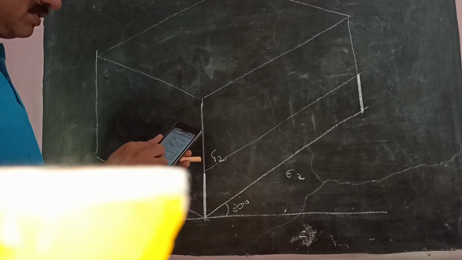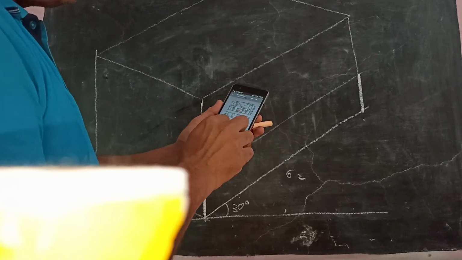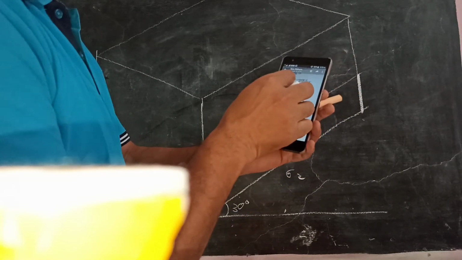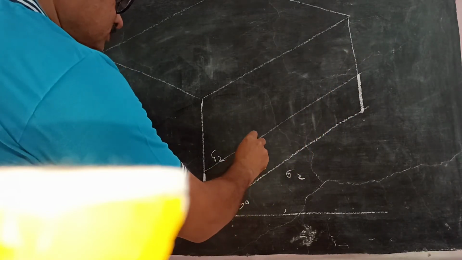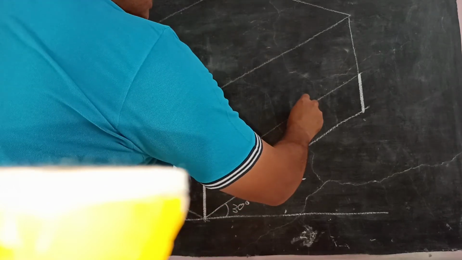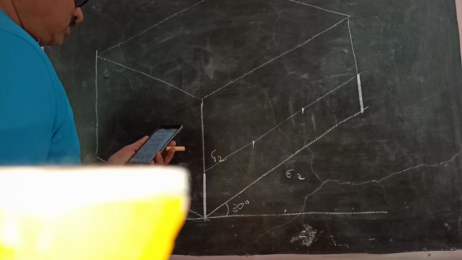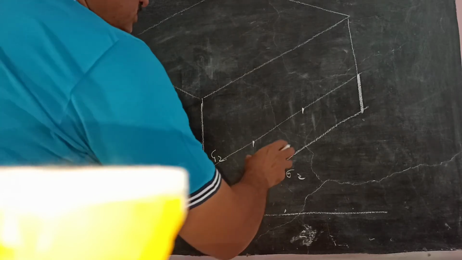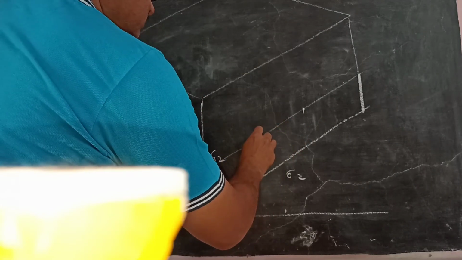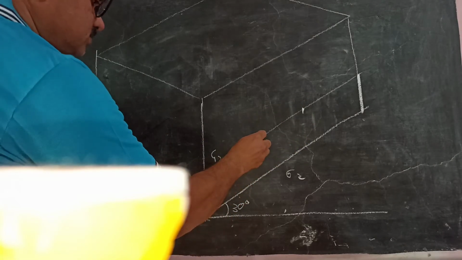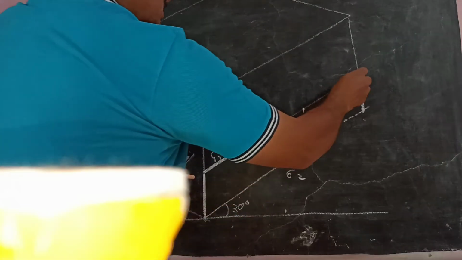Then there is a V groove. You can see in the top view there is a V groove. It is 22 from here, and this is also 22, and this is 20, because this total is 62.